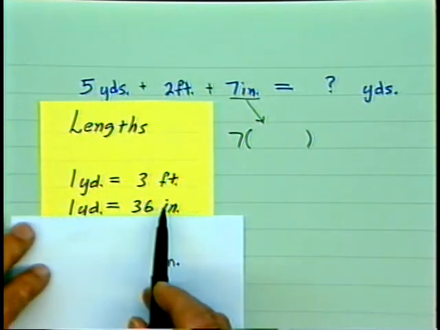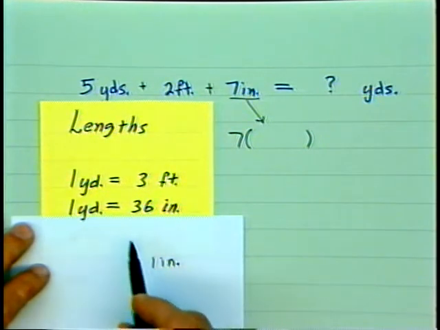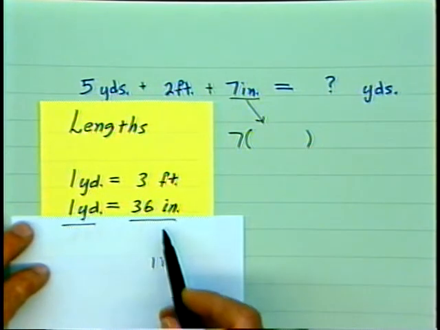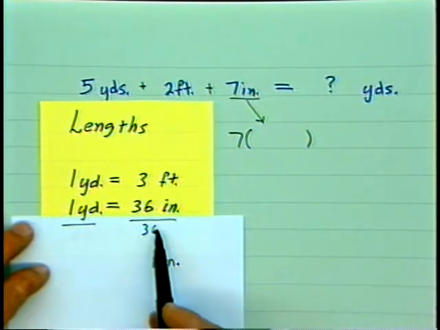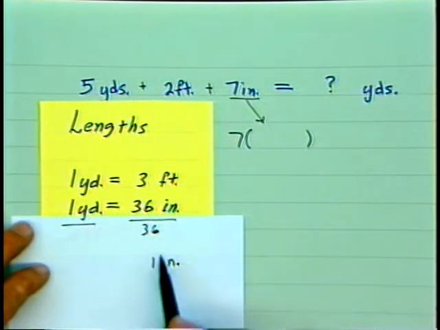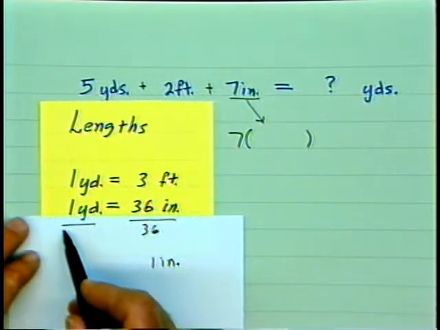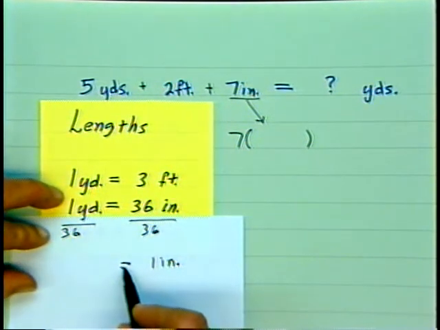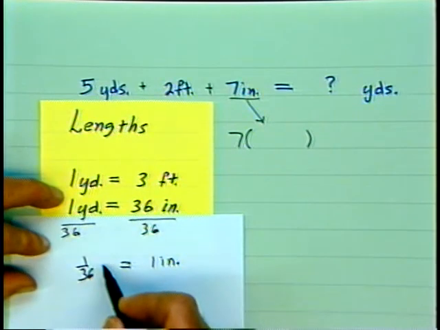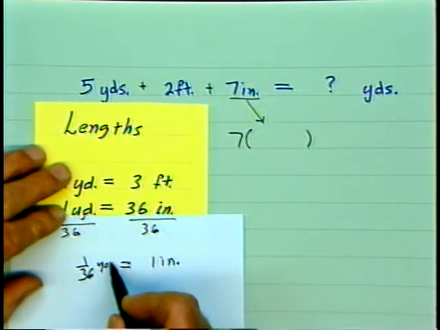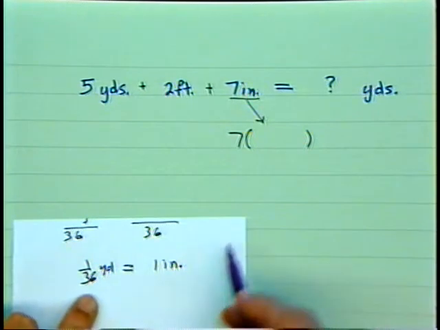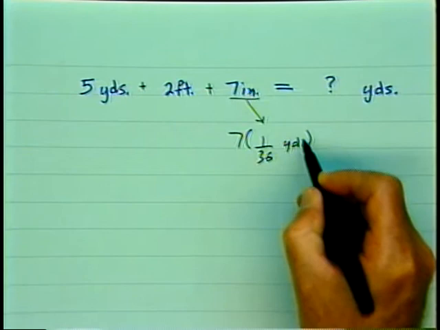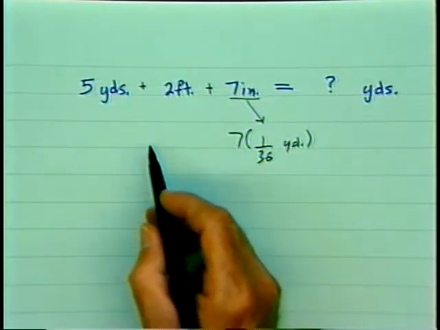Treat this as an equation, and recall from all of our previous lessons I can divide both sides of the equation by anything I wish, and 36 into 36 is 1, of course, inches. Then I have to divide the other side by 36, so I have here 1/36, and of course, yard. So 1 inch is 1/36 of a yard.